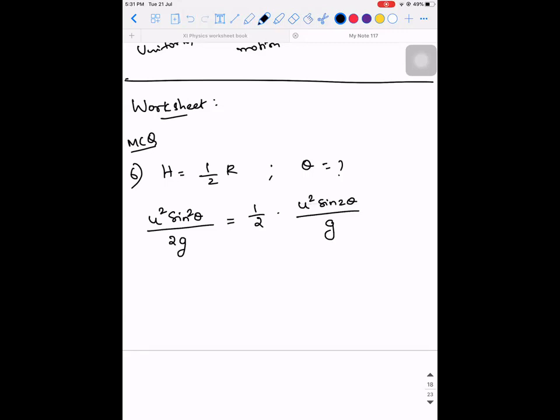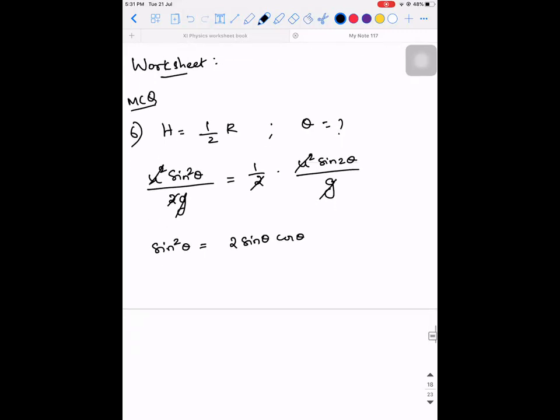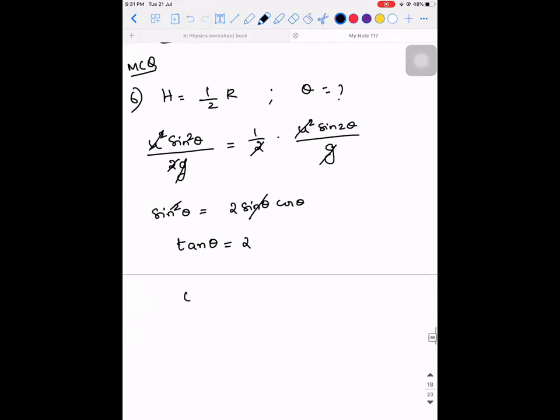So what will get cancelled? U square, g and g, 2 and 2 are gone. So sine square theta is equal to 2 sine theta into cos theta. What can I cancel on either side? One sine is gone. So tan theta will be equal to 2. So theta will be tan inverse of 2.